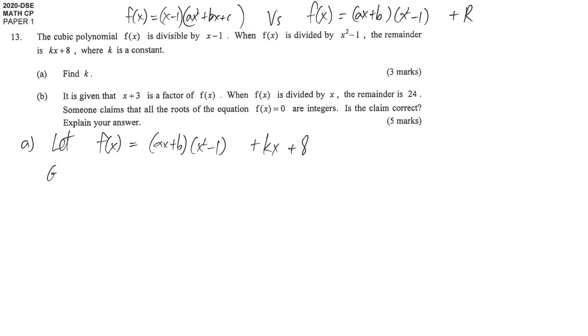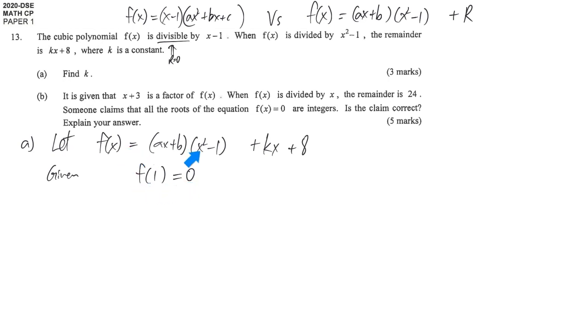And given that we know f(1) is equal to 0, because they say when f(x) is divided by that, we can get the remainder by replacing x by a suitable value, which is 1, because 1 minus 1 gives you 0. And divisible means the remainder in this case is equal to 0. That's why the remainder is equal to 0.